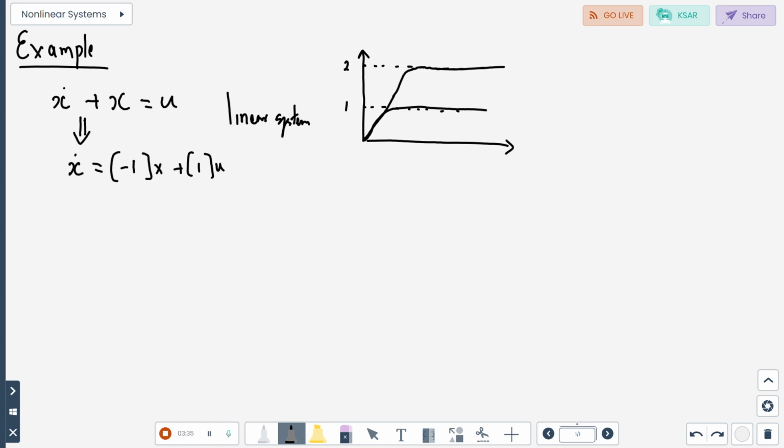Now we'll make this system nonlinear. Instead of x dot plus x equal to 0, we can have x dot plus x square equal to 0, and instead of writing x square directly, I'll write x into mod of x equal to 0. So this now represents a nonlinear differential equation.